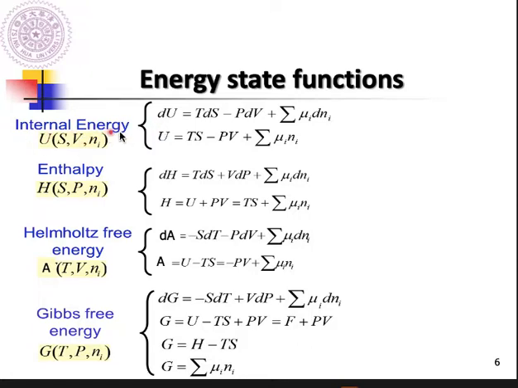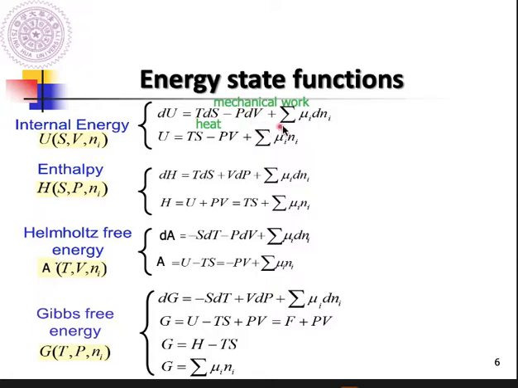For the internal energy here, dU equals TdS minus PdV plus this chemical potential term. If you look at it carefully, the TdS term means the change of internal energy in your system is related to the heat flow in and out of the system, and also minus the mechanical work by the system.